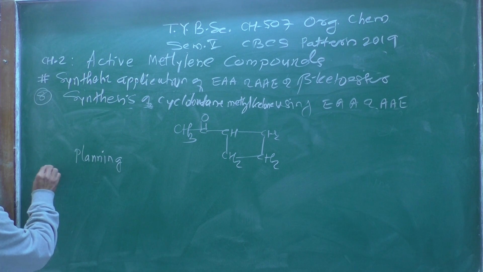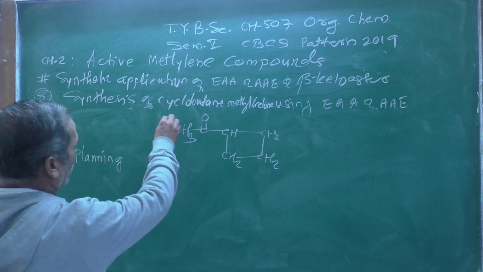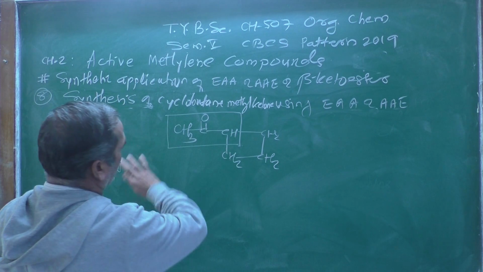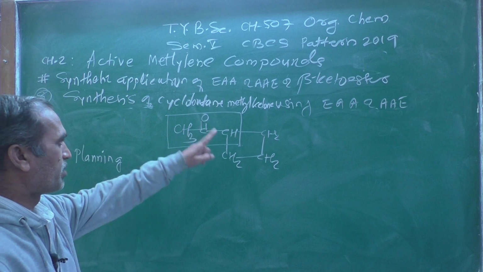In that, I am mentioning here as point 1: I am making a square bracket, highlighting this group CH3 C double bond O CH.